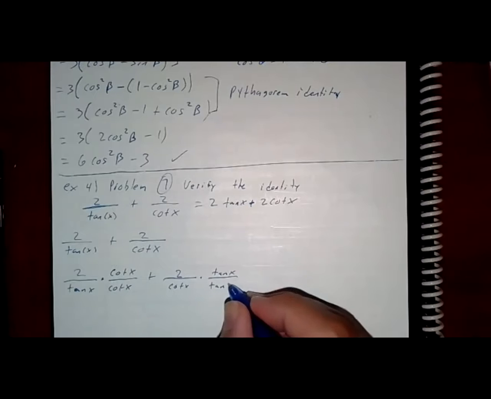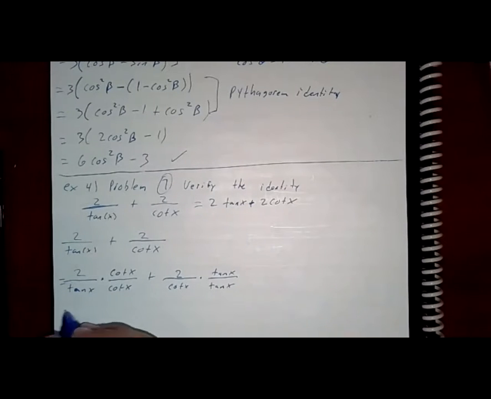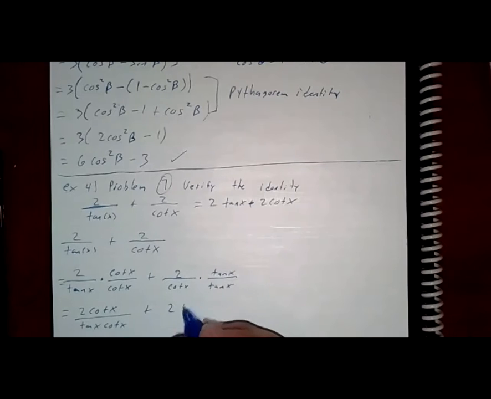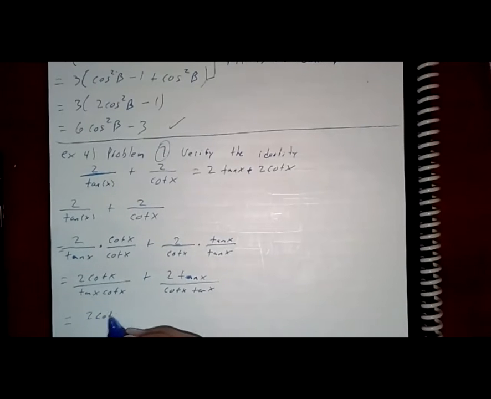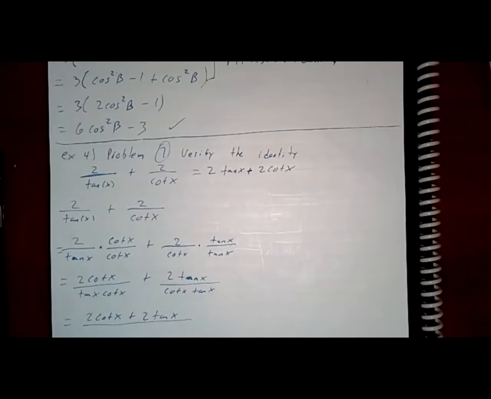That's all I'm doing, just like any old fraction. So this would become 2 cotan x over the LCD, tan x cotan x, plus 2 tan x over cotan x tan x. Then that would be 2 cotan x plus 2 tan x over the same denominator.